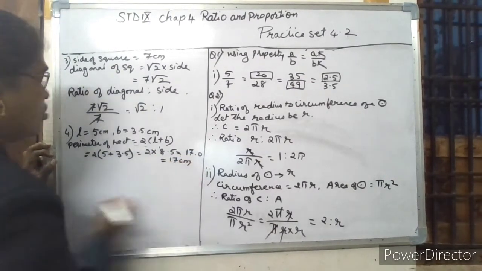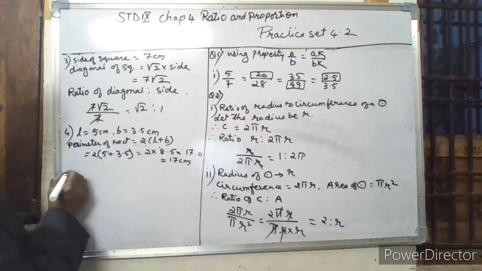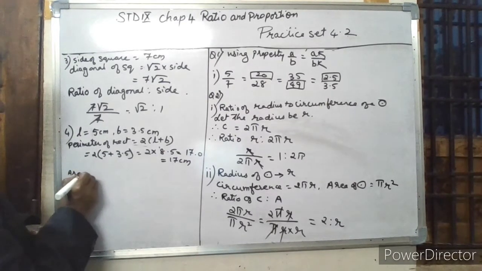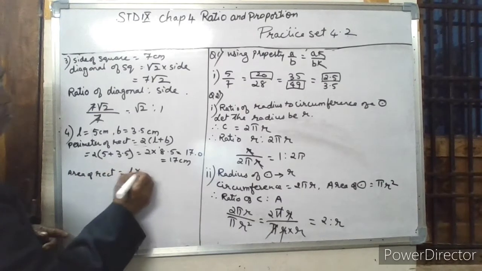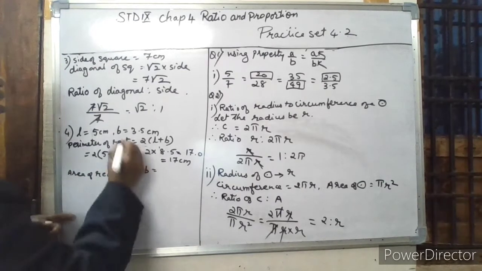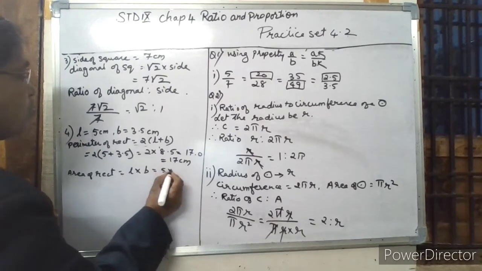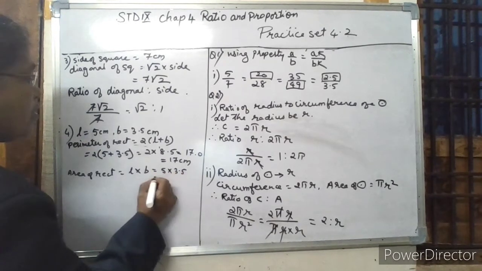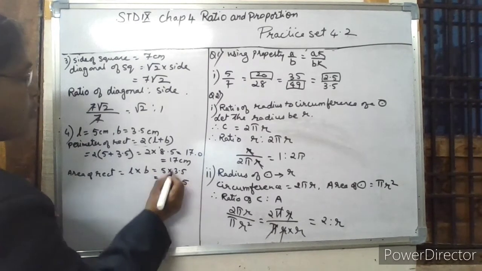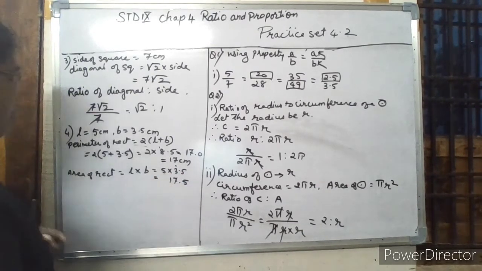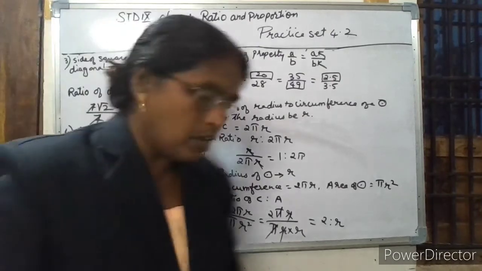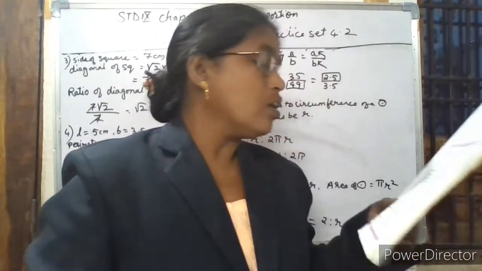Now area. Area of rectangle is equal to length into breadth. So length is 5 centimeters into breadth 3.5, that is 5 times 5 is 25, carry 2, 5 times 3 is 15, 16, 17, so 17.5. We have to find the ratio of perimeter to area.